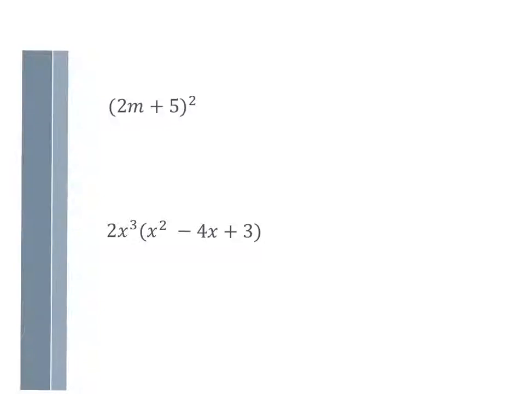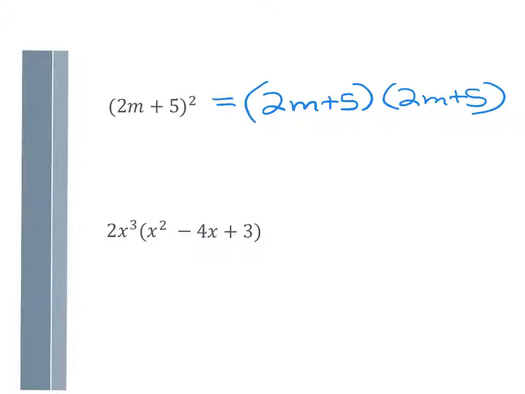So for example, this could really also mean 2m plus 5 times 2m plus 5. The common mistake that I'm going to see on the quiz or on the test is people are just going to say it's 4m squared plus 25.